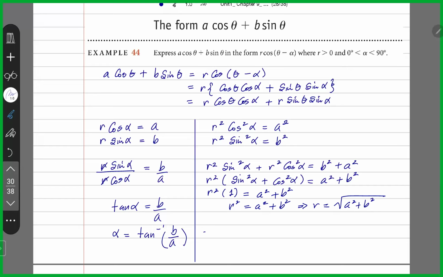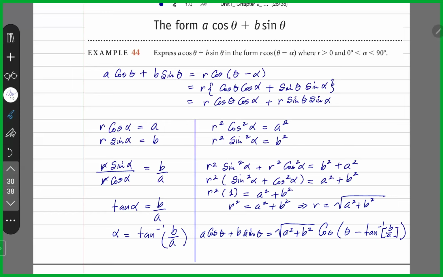So I was asked to express A cos theta plus B sine theta in the form R cos(theta minus alpha), where R is the root of A squared plus B squared, and alpha is tan inverse B over A.